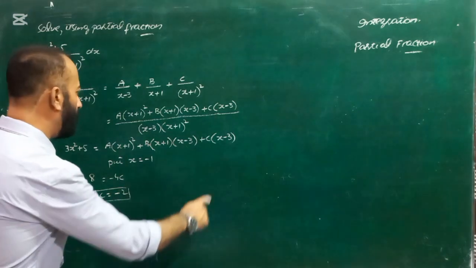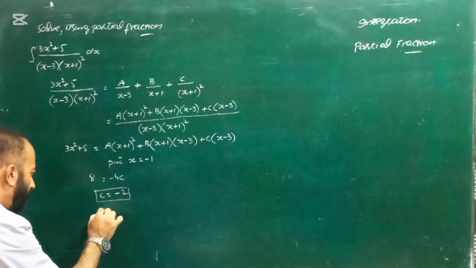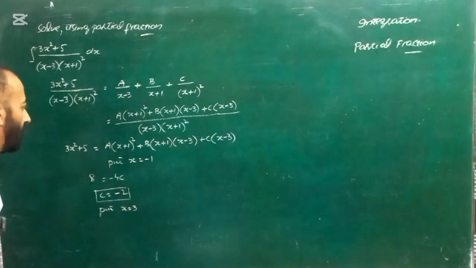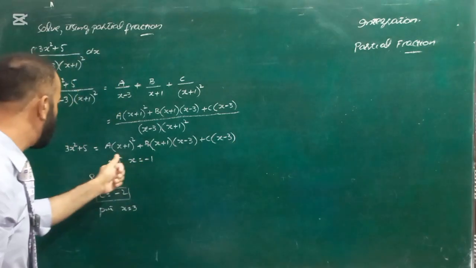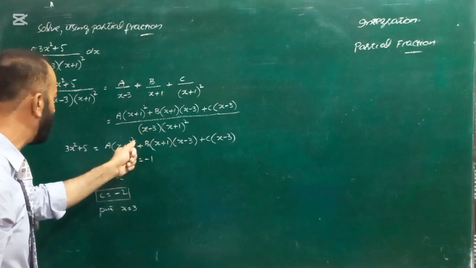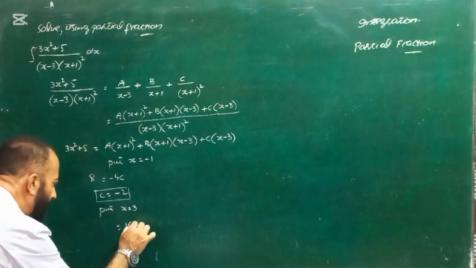Okay, now put x equal to 3. Because of this, this factor will be 0 and this factor will be 0. So after putting 3 here, 3 plus 1 is 4, 4 square is 16, so 16A on the right side.